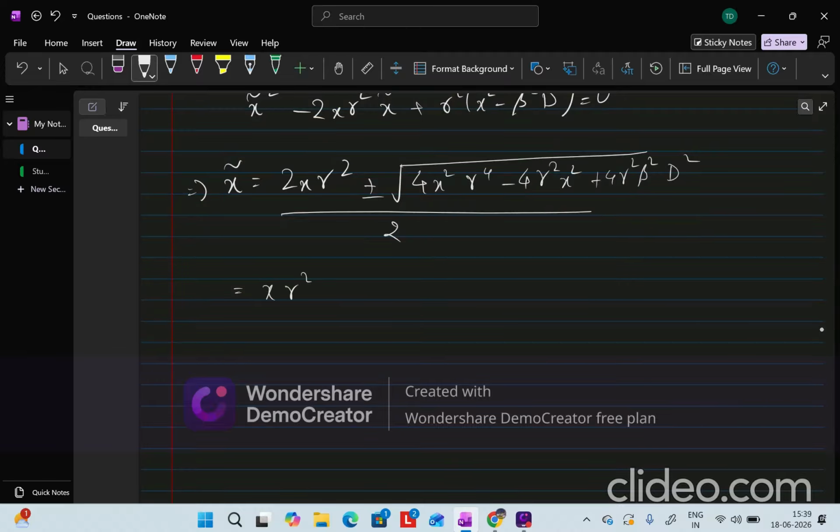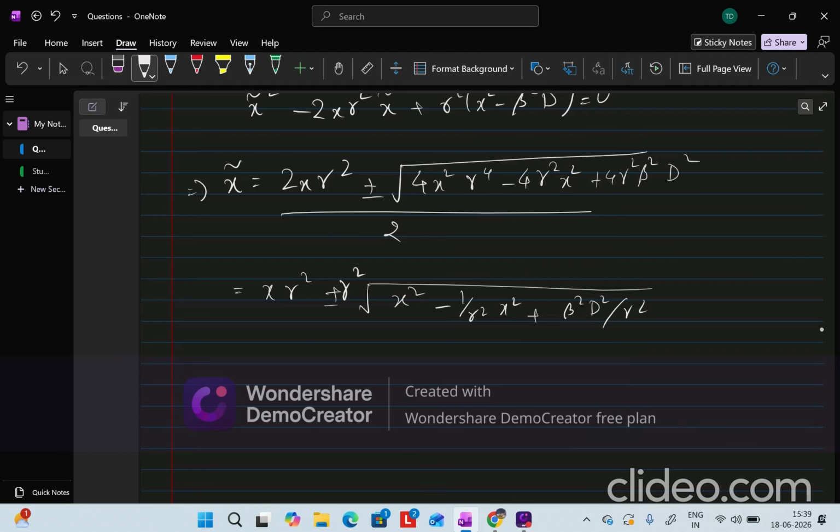We'll get xγ² plus or minus the square root of x²... Now let me take γ⁴ outside, so γ² in... minus 4 by γ², sorry, 1 by γ², x² plus β²d² by γ².